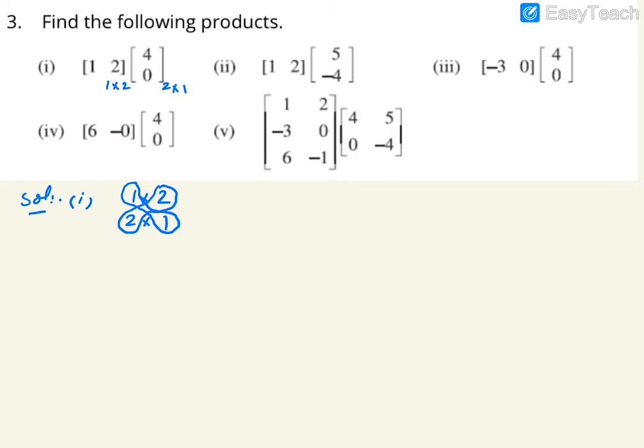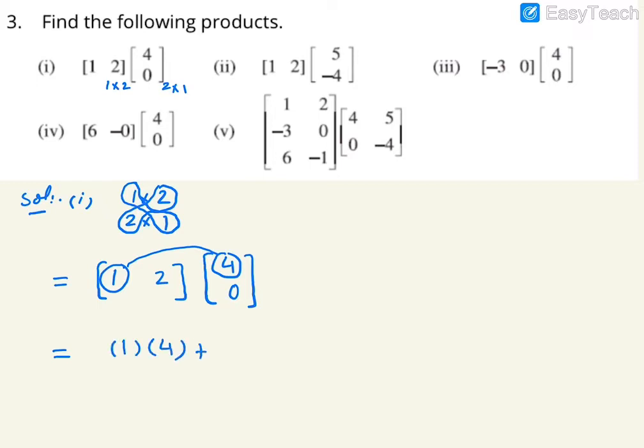So let's multiply [1 2] with [4; 0]. So first one will multiply with 4, 1 into 4, plus 2 will multiply with 0, 2 into 0.